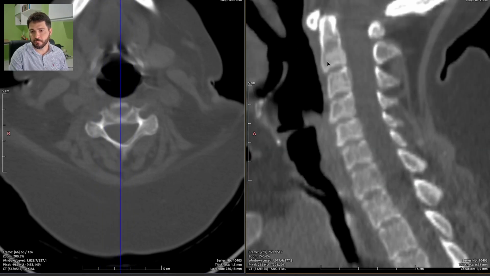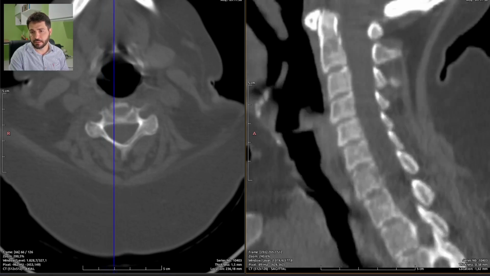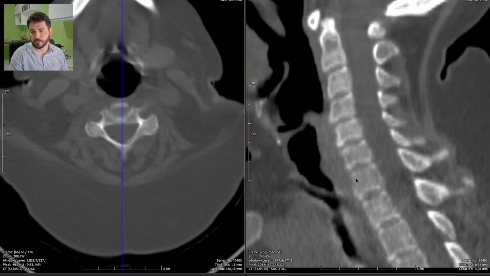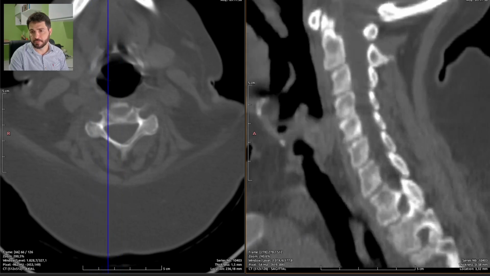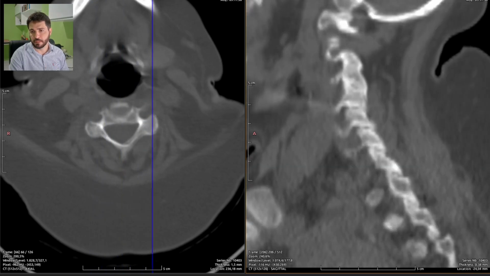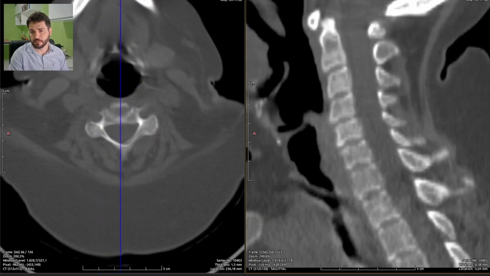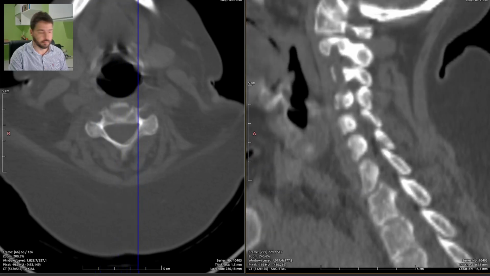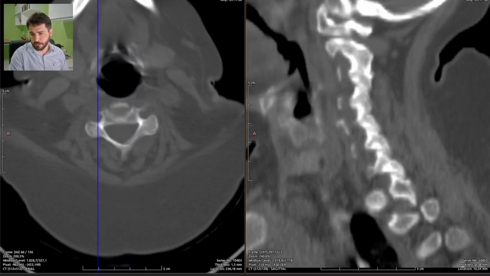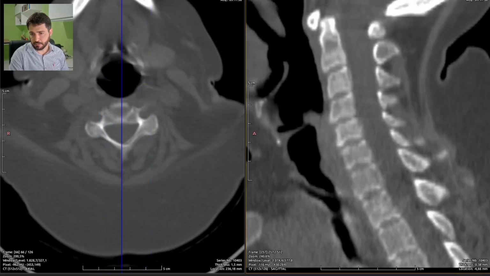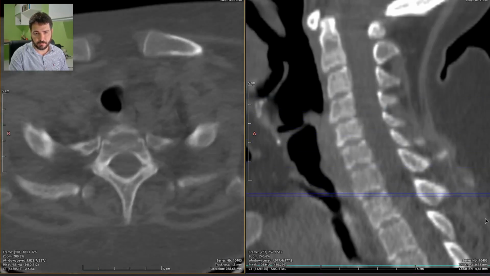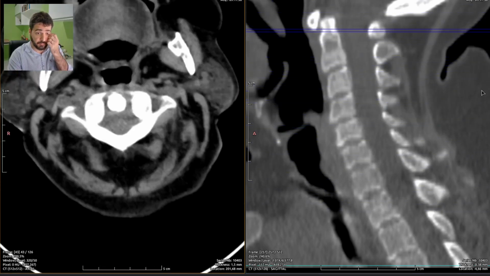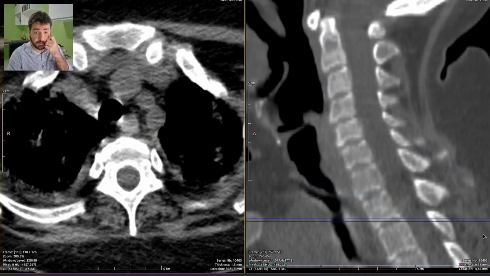So the discs are quite normal. There are some osteophytes on the anterior and lateral margins of the cervical vertebral bodies. There is some arthrosis of the facet joints and the uncovertebral joints, and no stenosis, no fracture as far as we can tell, because this is all shaky and blurred, a very badly done, poor quality exam.